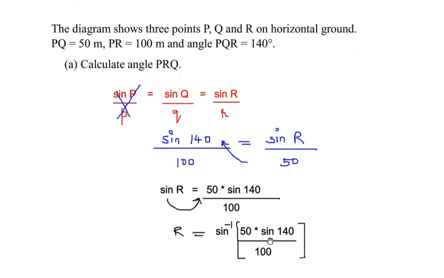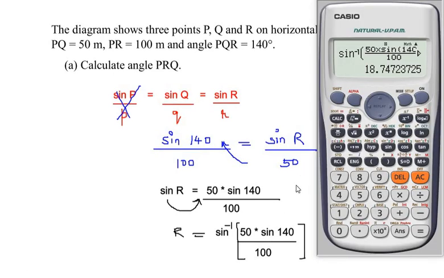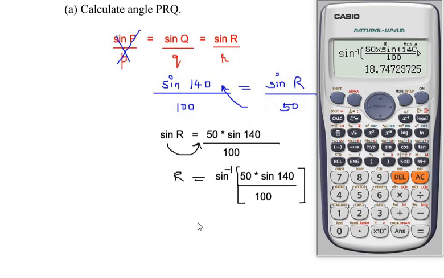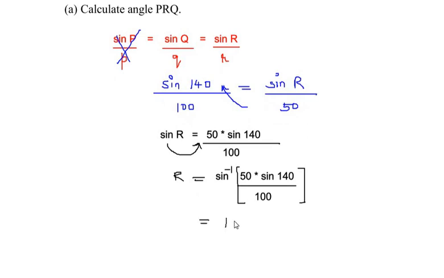So sine inverse or arc sine of the given value, let us check how much we get. So we get the sine inverse of the given value as 18.747. So I'm going to take the answer till 2 decimal places. So it will be 18.75. So let me write here R is equal to 18.75 degrees.